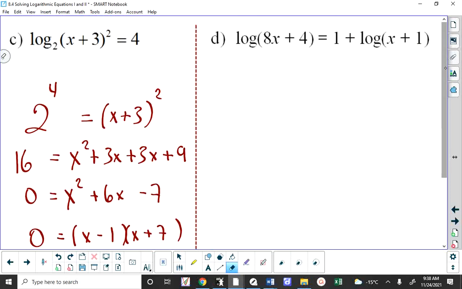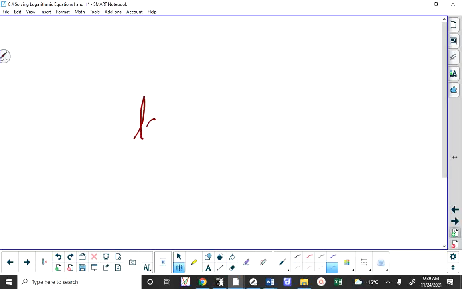So now we get to a situation where we have a mixture of logarithms and a non-logarithm. Remember what I've told you, and I'll repeat it.